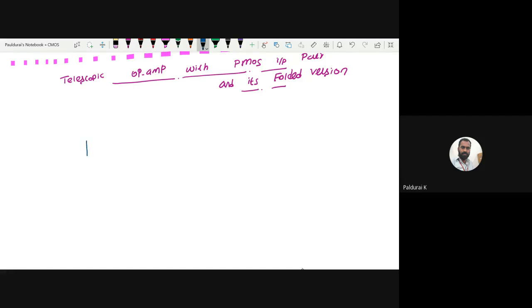How will a PMOS input pair look? At the input I have PMOS. So this is my VDD, V1, V2. This is my PMOS input pair.